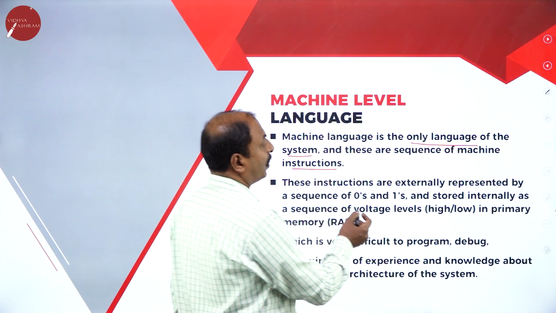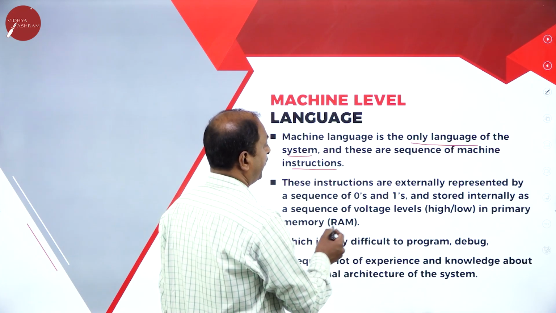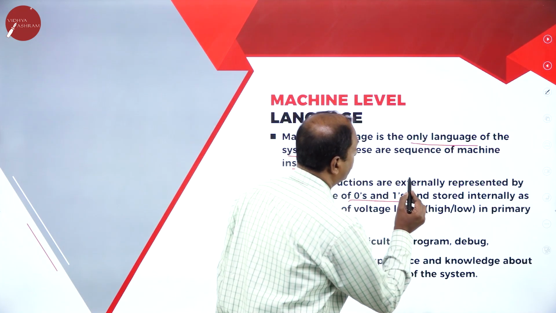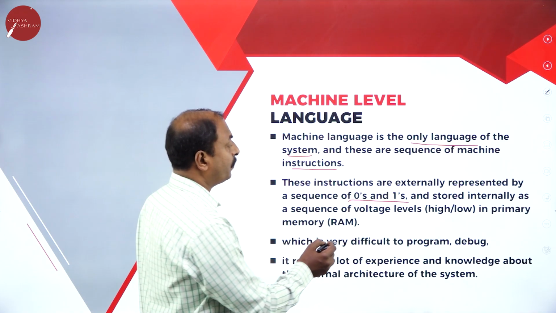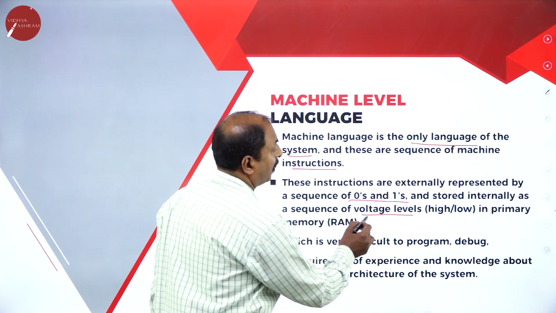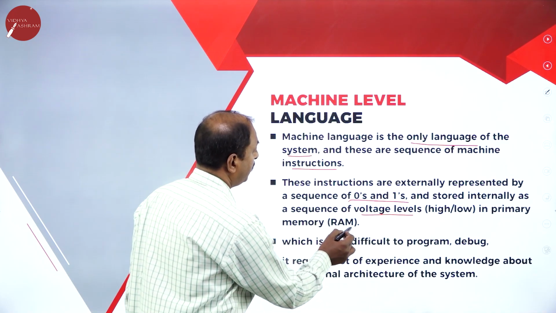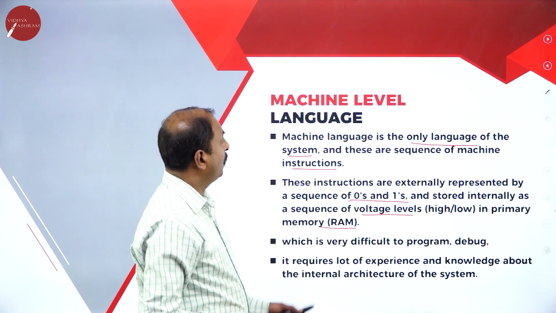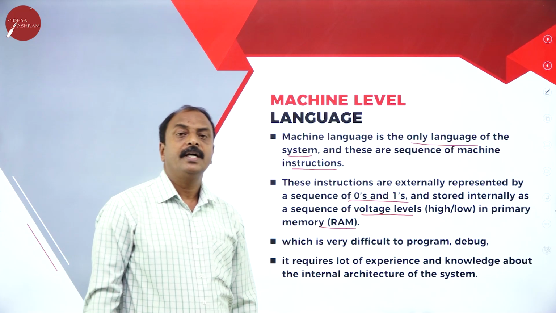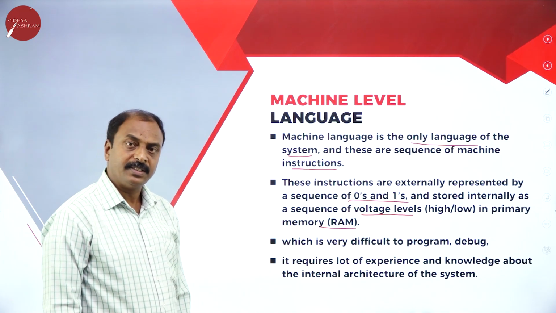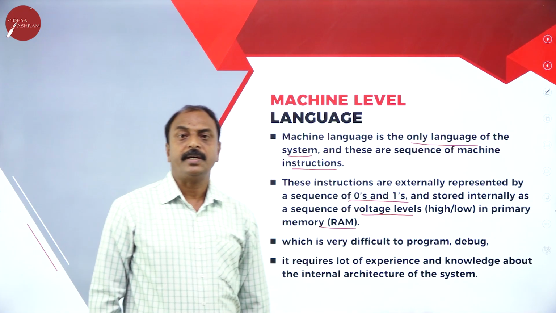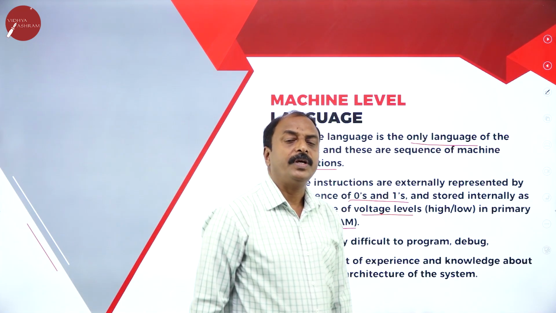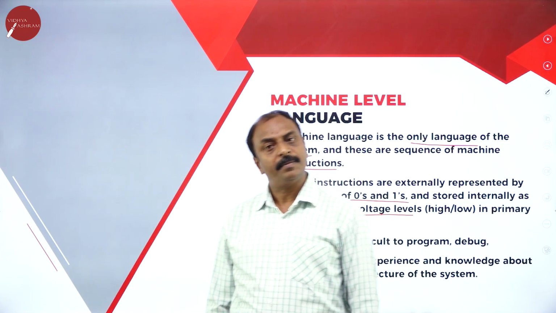These instructions are externally represented by a sequence of zeros and ones and stored internally as a sequence of voltage levels, high or low, in RAM. Machine level language consists of a sequence of zeros and ones, which we term bits and bytes.